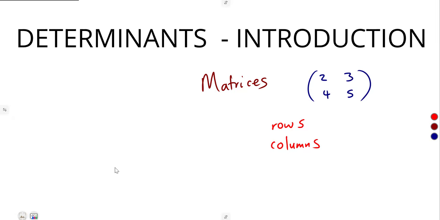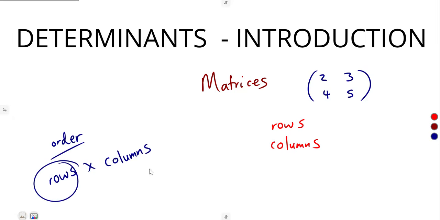So the order of a matrix is obtained from the number of rows versus the number of what? Columns. So it's how many rows do we have? How many columns? I'm not going to refer much to matrices.